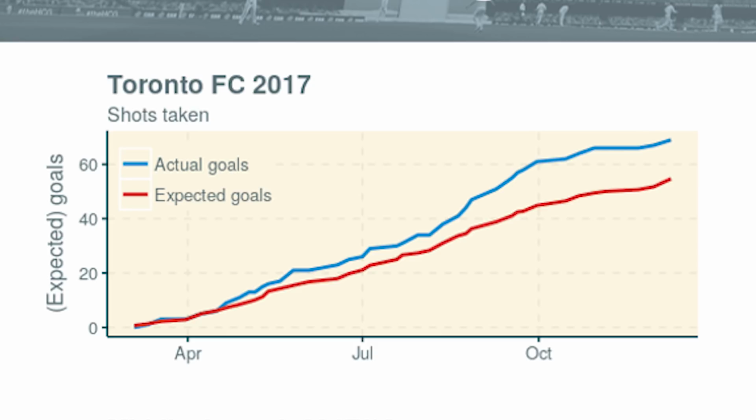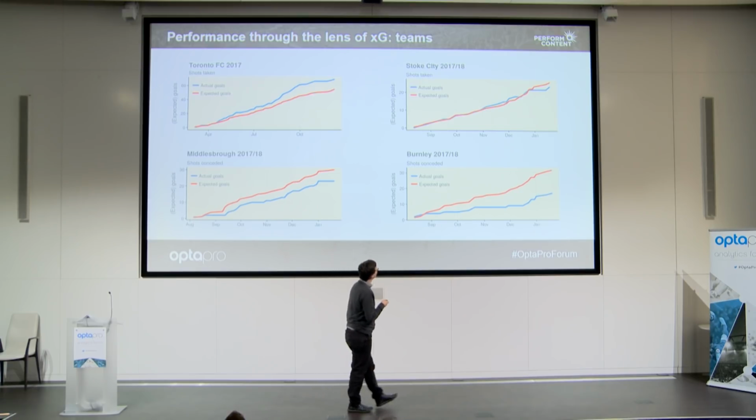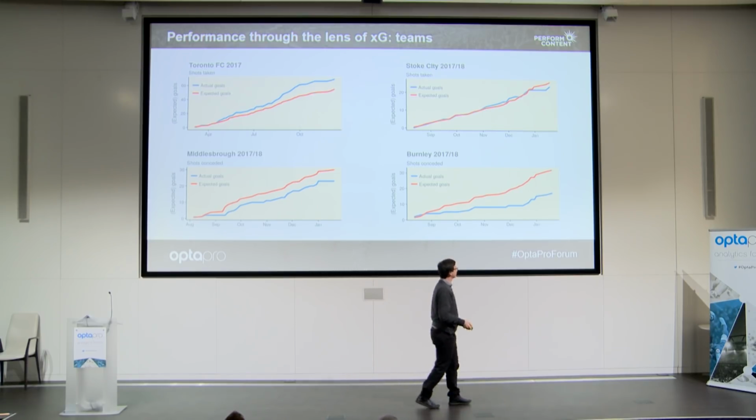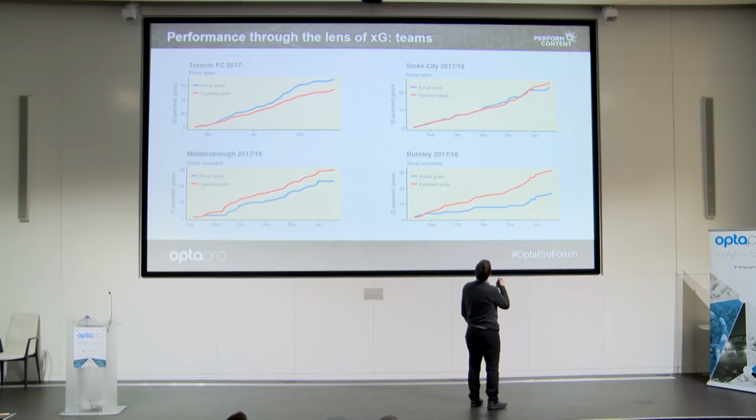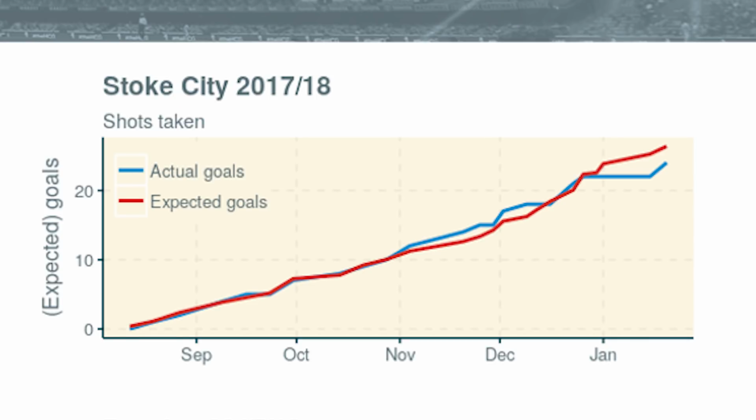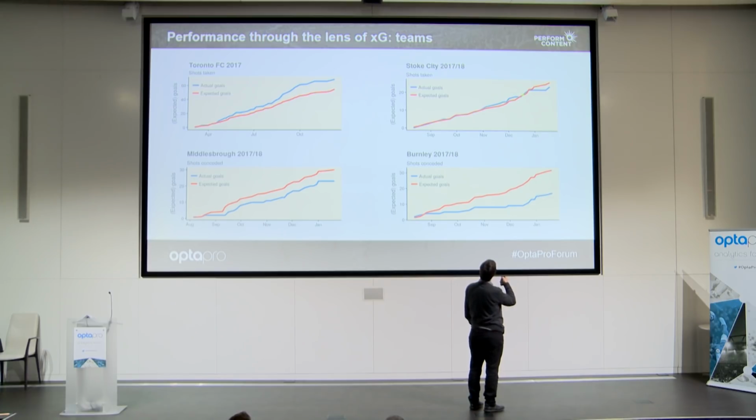Sorry about that, Devin. I'm sure Devin knows that better than I do. We have Stoke City, whose actual and underlying performance seem to be tracking each other pretty well. And then there is the actual performance drop-off, and then Mark Hughes goes about here.